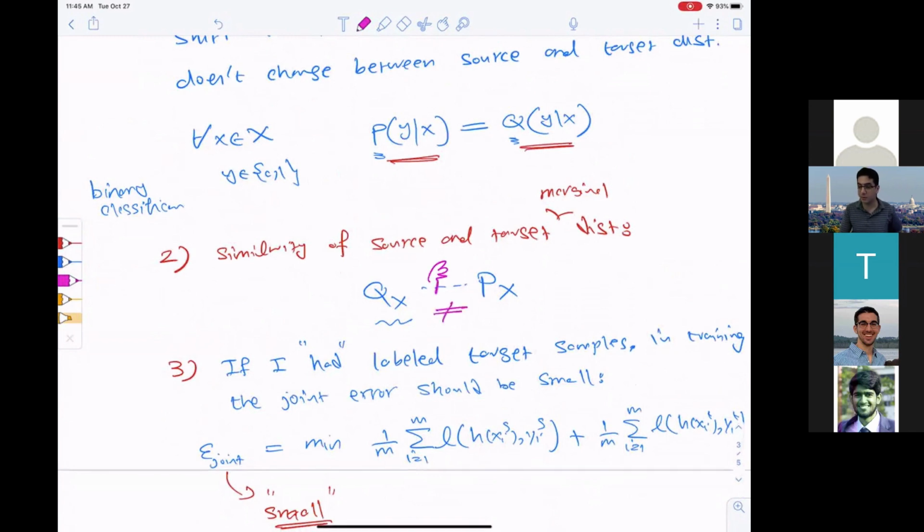If the marginals were equal and the conditionals were equal, the joint would be the same. They are not equal, but they are related. I haven't even defined what I mean by related, but intuitively we mean that they should have some sort of relationship in order to be able to learn something useful from source to the target.